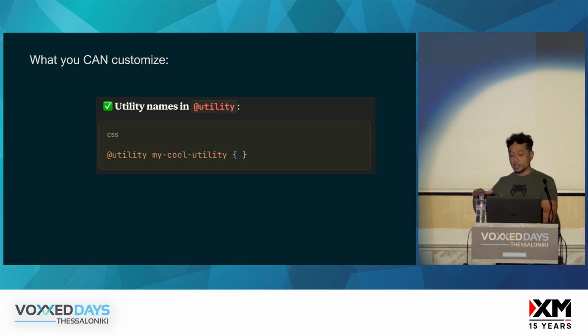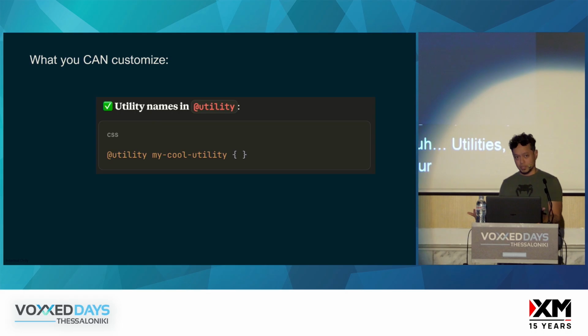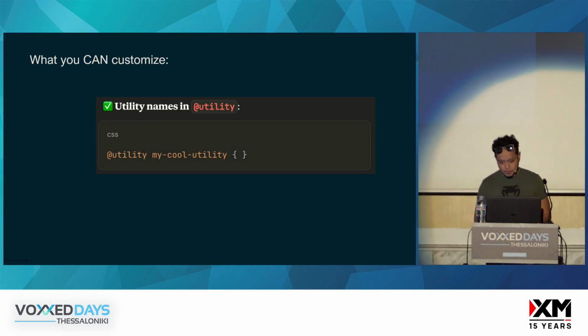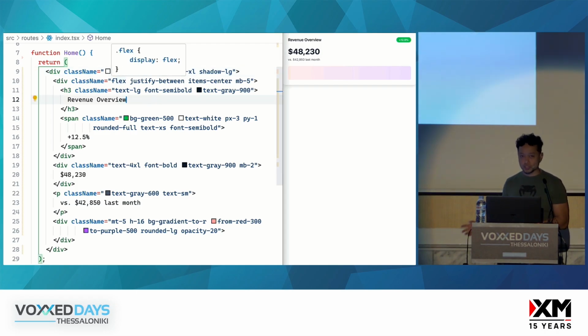Runs in utilities layer, high specificity, means it overrides components. This is best for single-purpose utilities Tailwind doesn't provide. If it's not an existing thing, you can create your own, and it gives you type safety while you're writing.